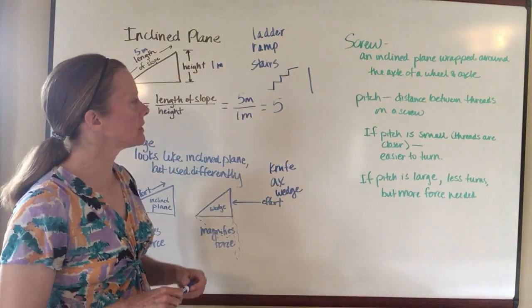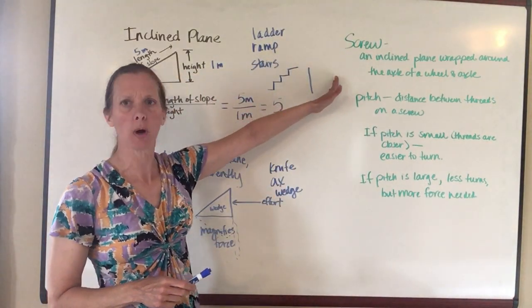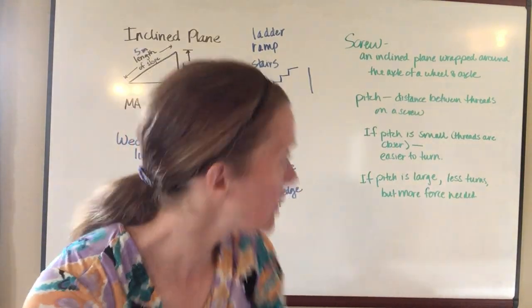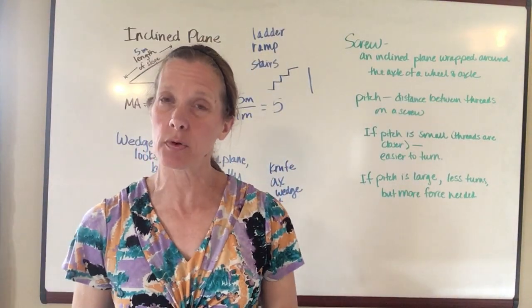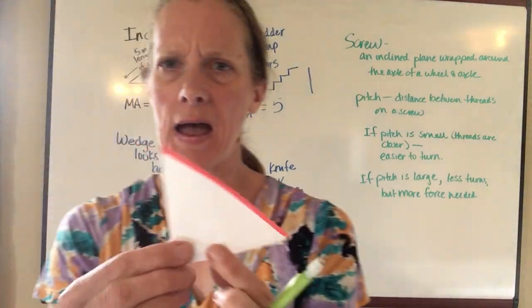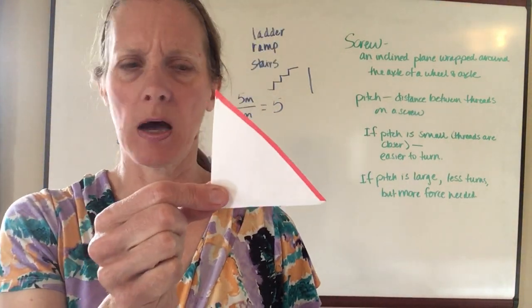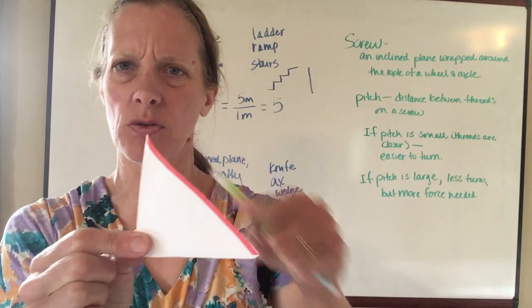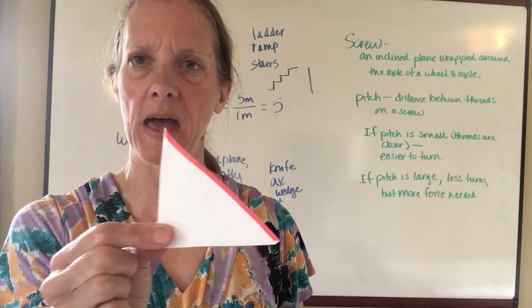And then finally, a screw. A screw is actually an inclined plane that's wrapped around the axle of a wheel and axle. I'll try to show you that. Here I have a piece of paper in a triangular shape that's supposed to look like an inclined plane. You can see that I have the slope colored red.